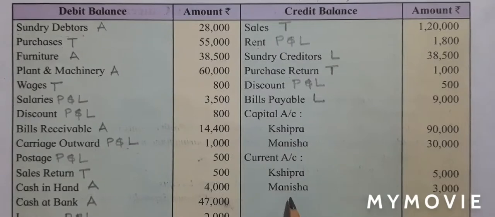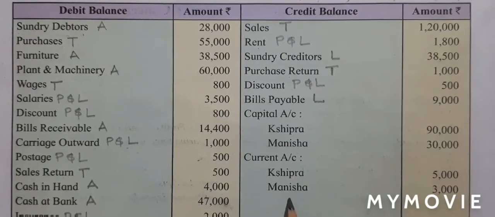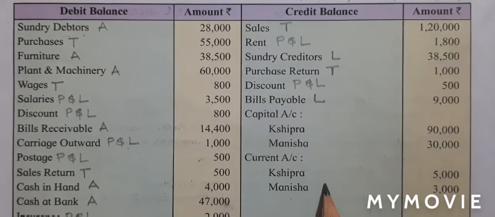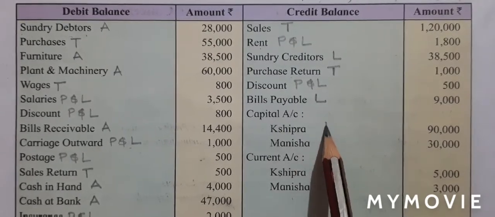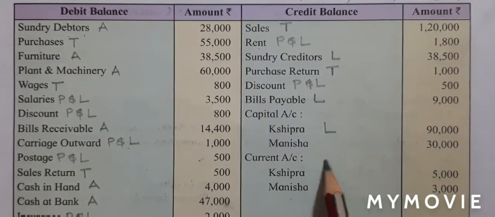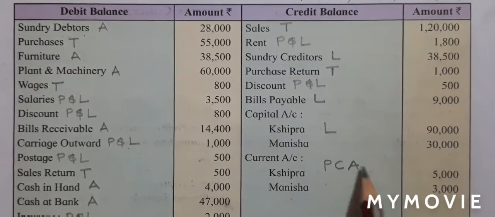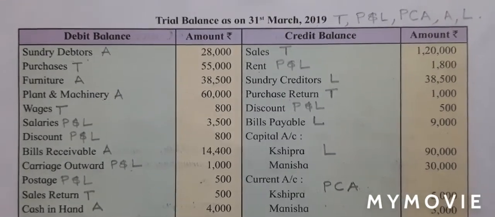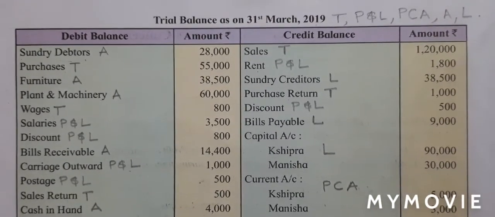Capital, and I also have current account. So students, we had mentioned to you when capital and current account both are given, capital will go to my liability and current account will go to my PCA. With this students, we have completed step number 1, identification.